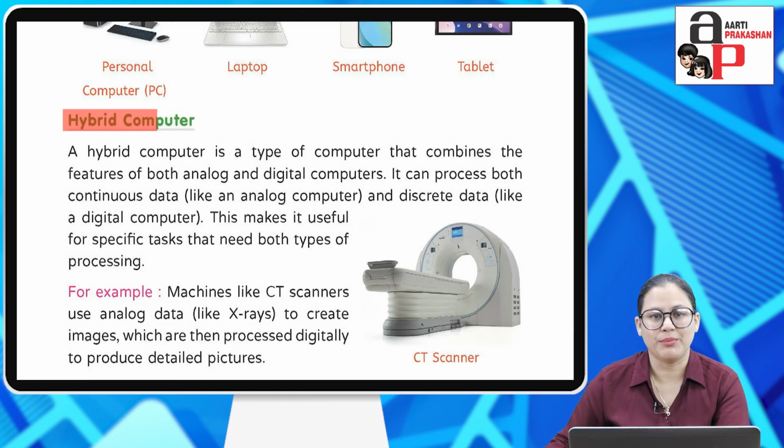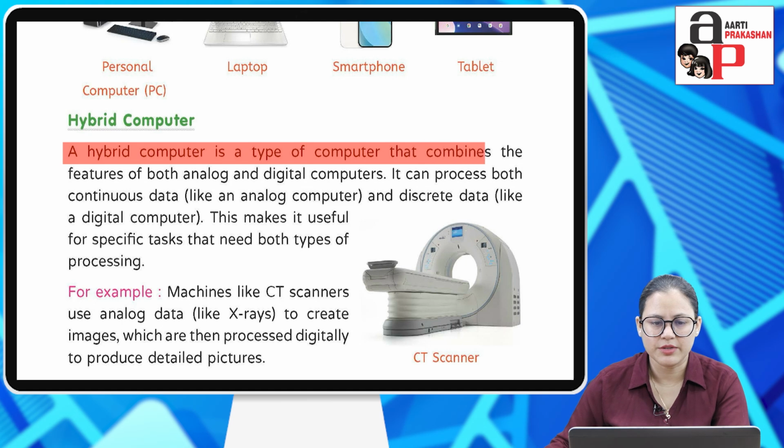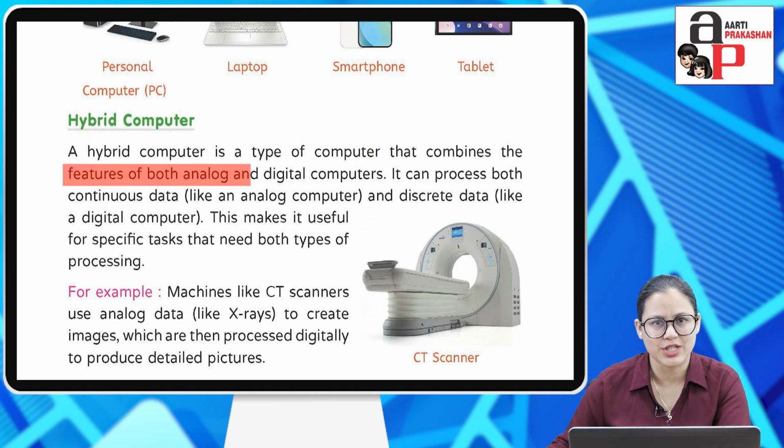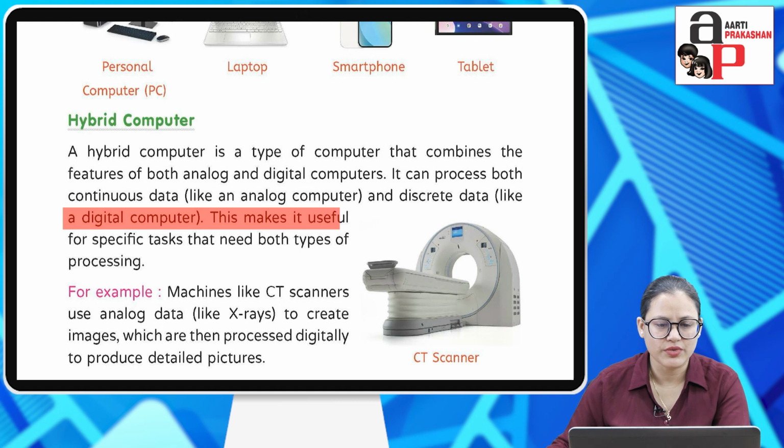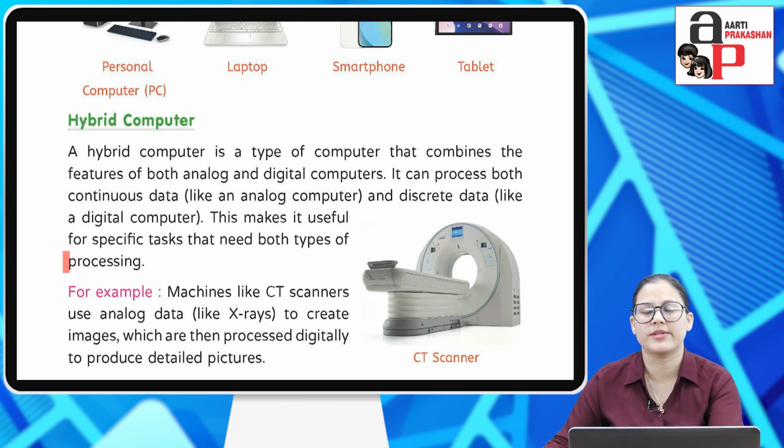Next is the hybrid computer. A hybrid computer is a type of computer that combines the features of both analog and digital computers. It can process both continuous data like an analog computer and discrete data like a digital computer. This makes it useful for specific tasks that need both types of processing.